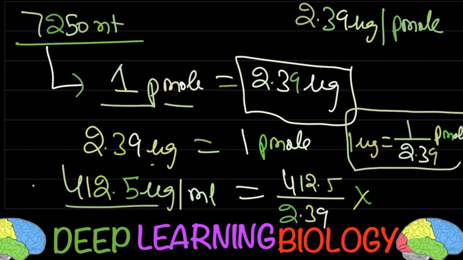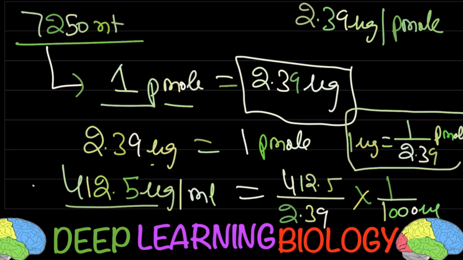Then here you have ml, so divide by 1000 microliter, since 1 ml has 1000 microliter.